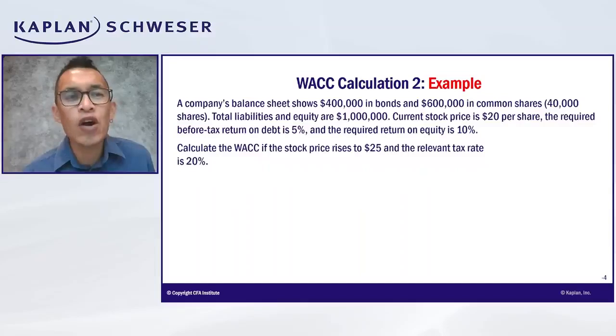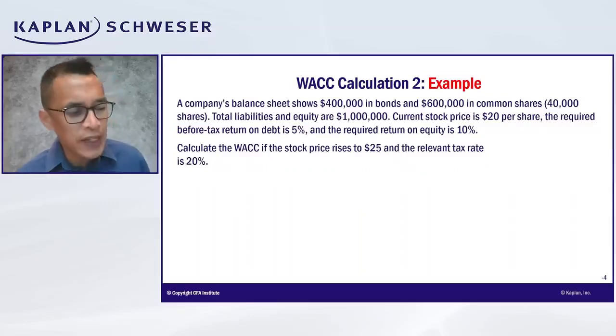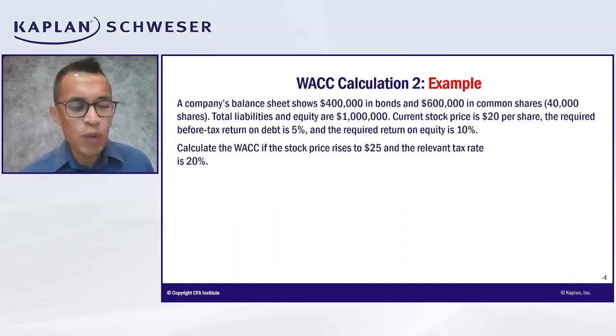And since there are no case facts in here indicating any change, then really we have no choice but to assume that the market value of the bonds remains at the $400,000 book value, right? I mean, there's nothing else that you can assume here.